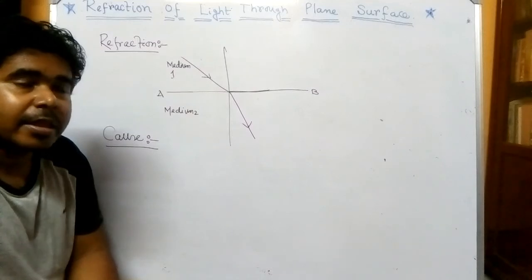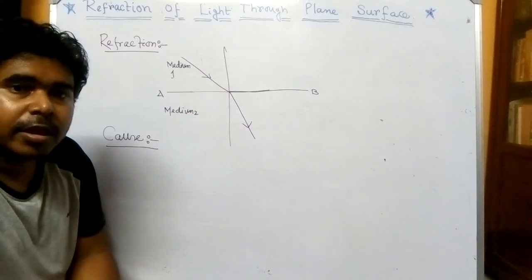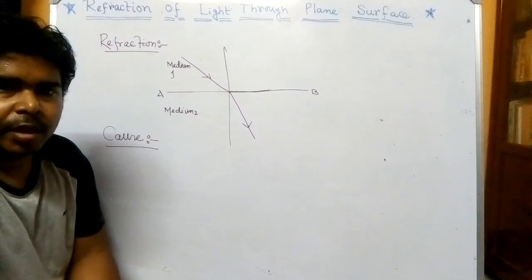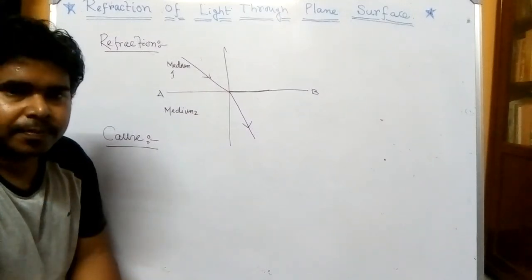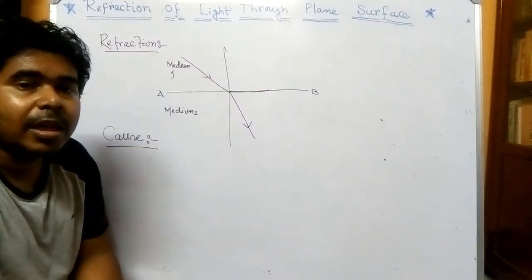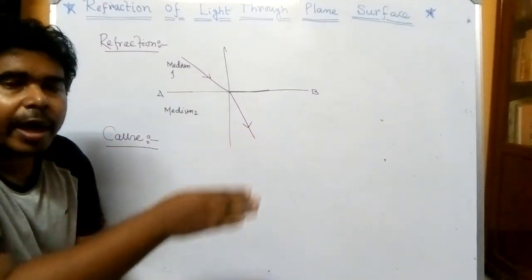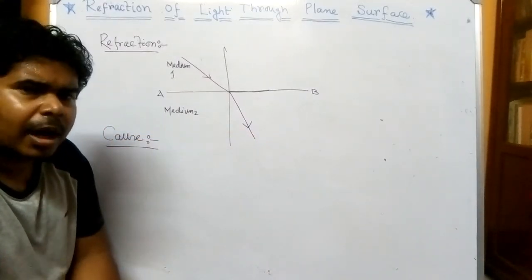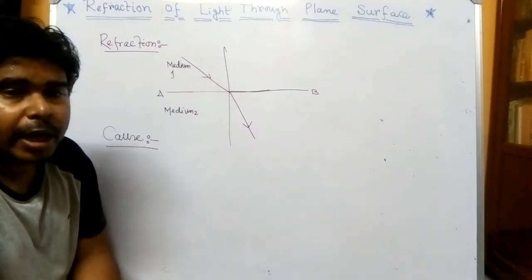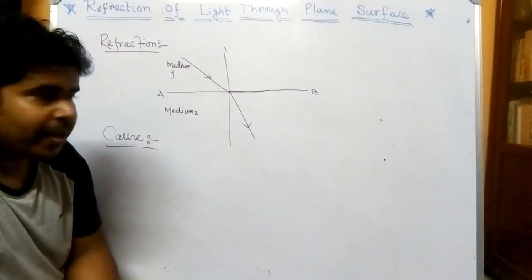If I see the same object through a glass slab, its apparent position is changed. If I see it through water, the apparent position of the object is also changed. The reason is that the path through which the light ray travels is bent when it travels from one medium to another medium, coming obliquely at an angle. That is refraction.